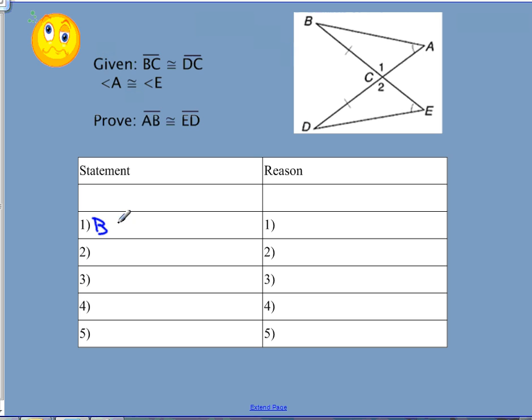So I can say BC is congruent to DC because of given. And I can also say that angle A is congruent to angle E by given.